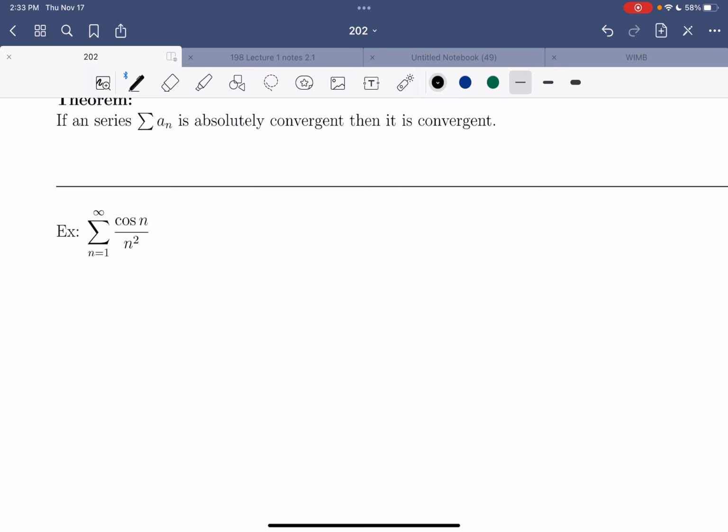And so if we take the absolute value here, we know that the absolute value of this lies between 0 and 1. So this is less than or equal to 1 for all n.